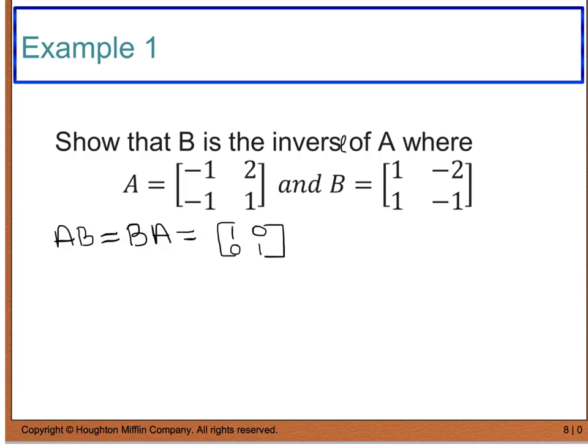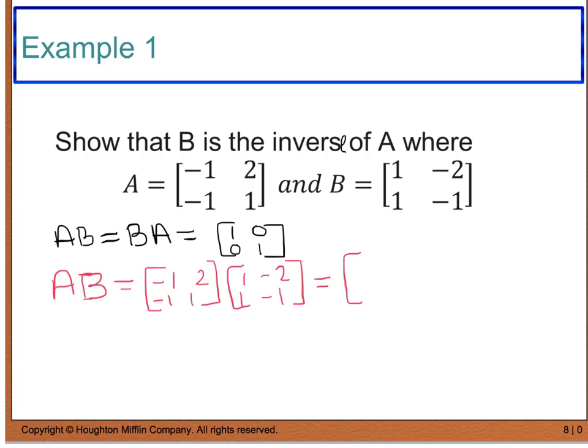The product of matrix A times matrix B is equal to -1, 2, and -1, 1 times 1, -2, and 1, -1. And if you recall from section 8.2 where we dealt with multiplying matrices, we go the first row by the first column. When I do that, that's going to give me 1.